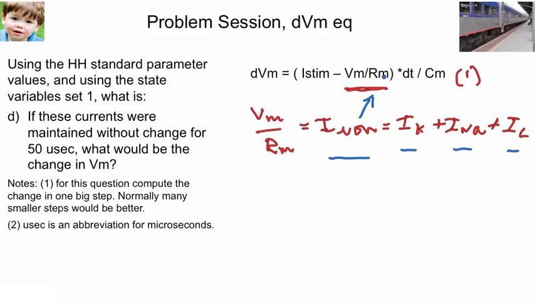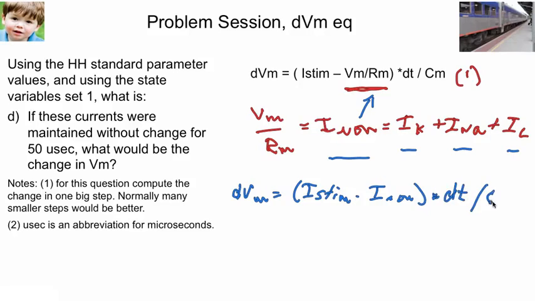Rewriting the dVm part of the equation, we can say dVm is equal to (I stim minus I ion) times dt, divided by Cm.